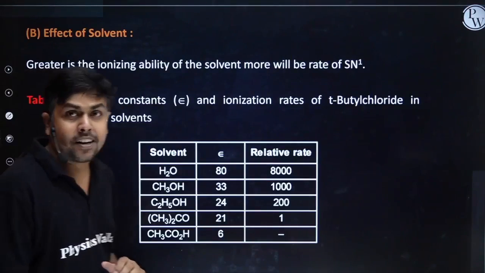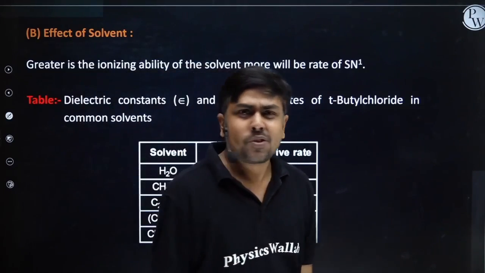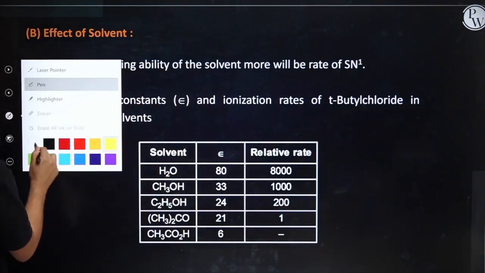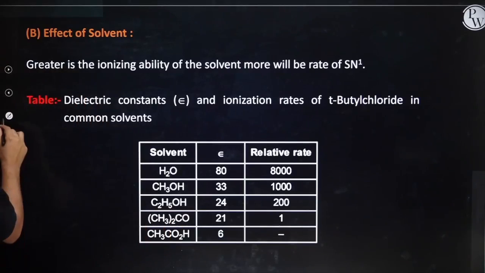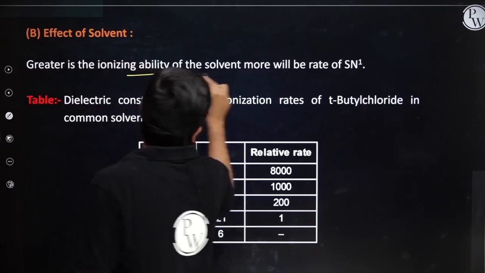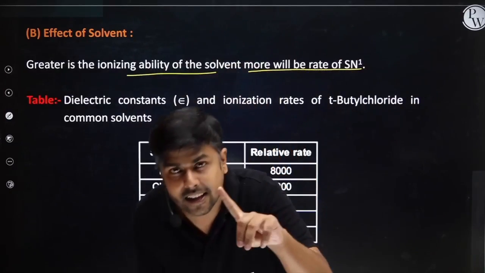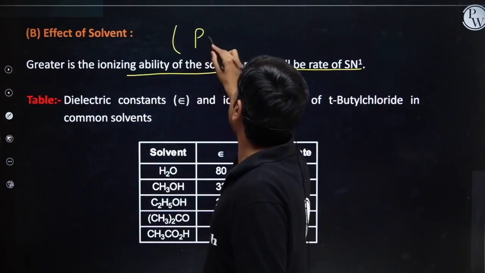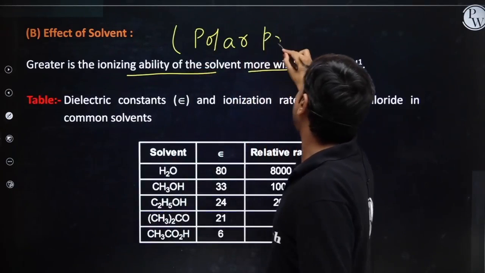The second factor which affects the rate of SN1 is solvent. Student, since this SN1 reaction is initiated by a solvent, the role of solvent is really important. Greater is the ionization ability of the solvent, faster will be the rate of SN1 reaction. In general, SN1 reaction is promoted by a polar protic solvent.